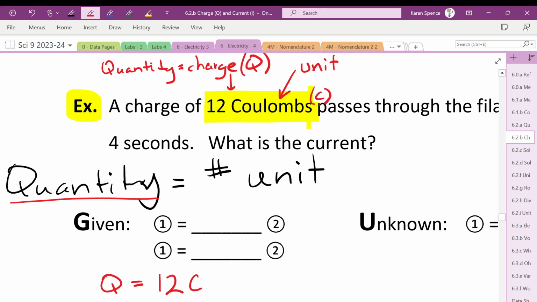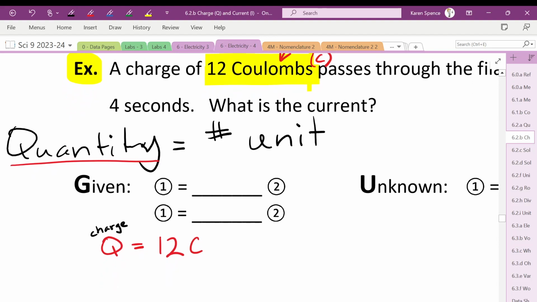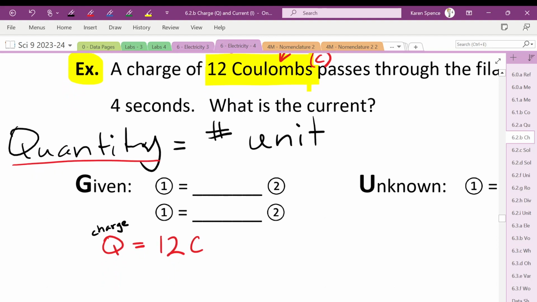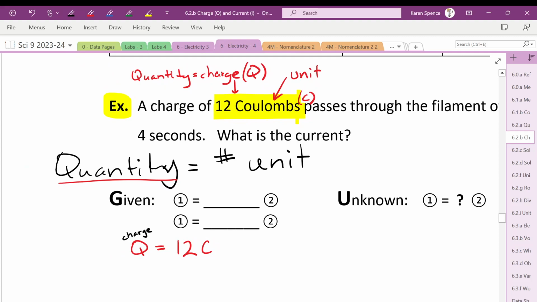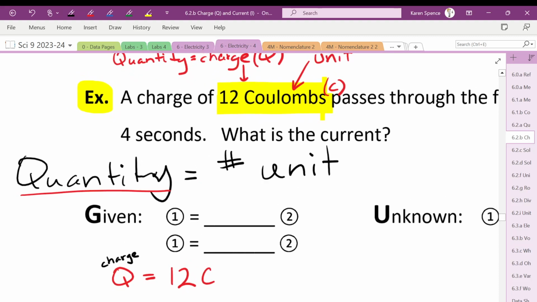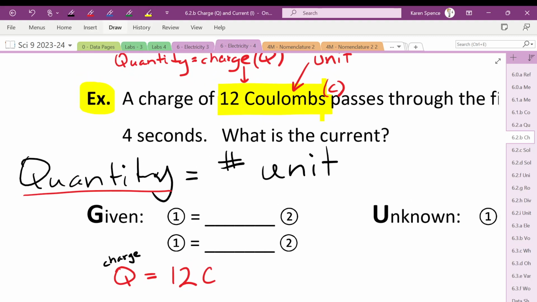So we are given charge, and if it helps you out at this point, you can write that that's the charge. Okay, but eventually you'll want to just use Q because it's much simpler and faster. And what is our other number that is given in the sample question here? We have 4 seconds. Is seconds a quantity or is seconds a unit?